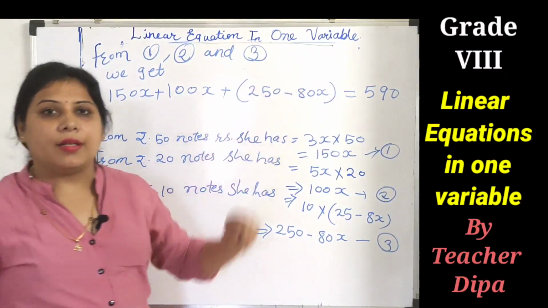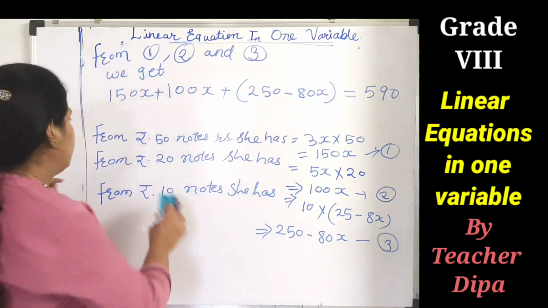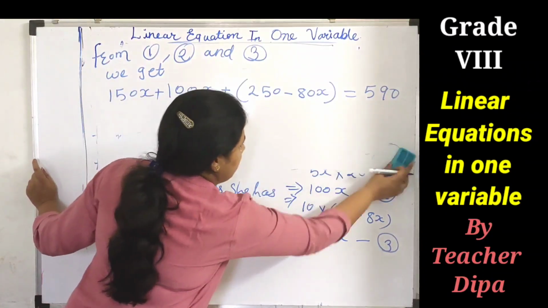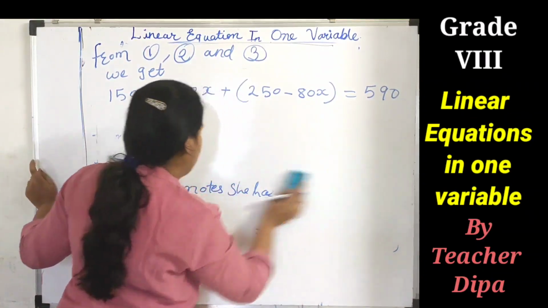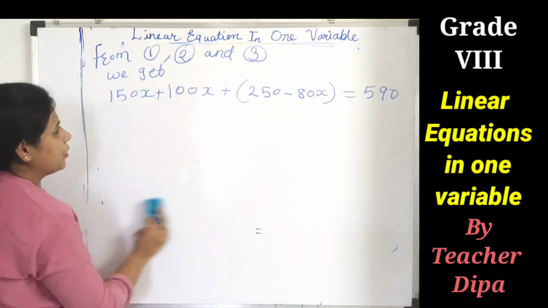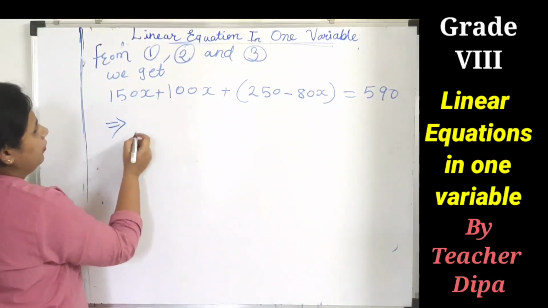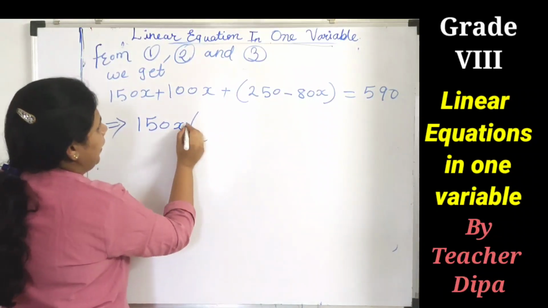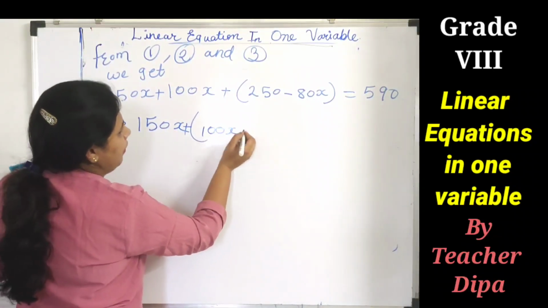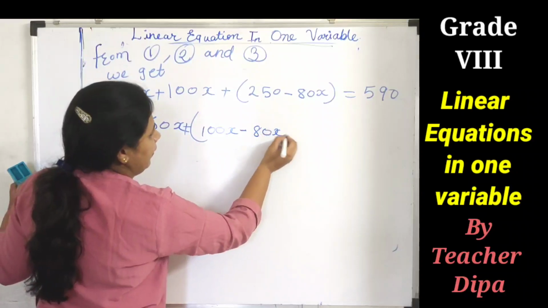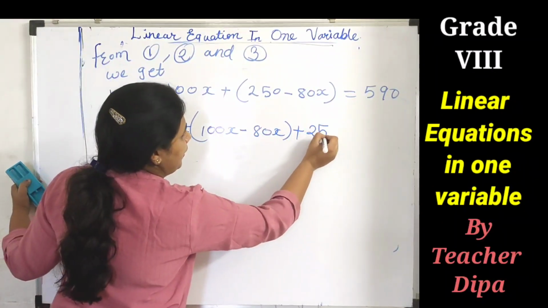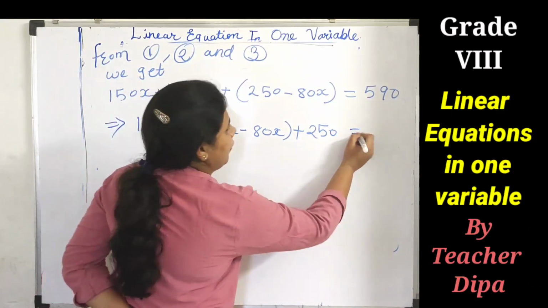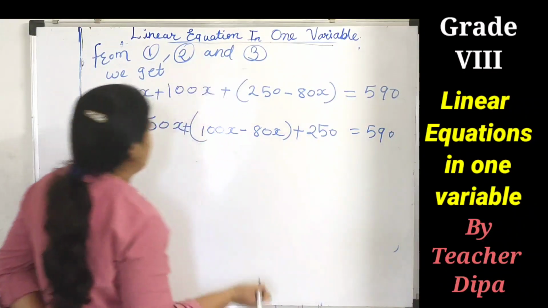That is given, 590 is the total of all this. By which when we solve this equation, we can write 150x plus 100x minus 80x, and plus 250 is equal to 590 rupees.